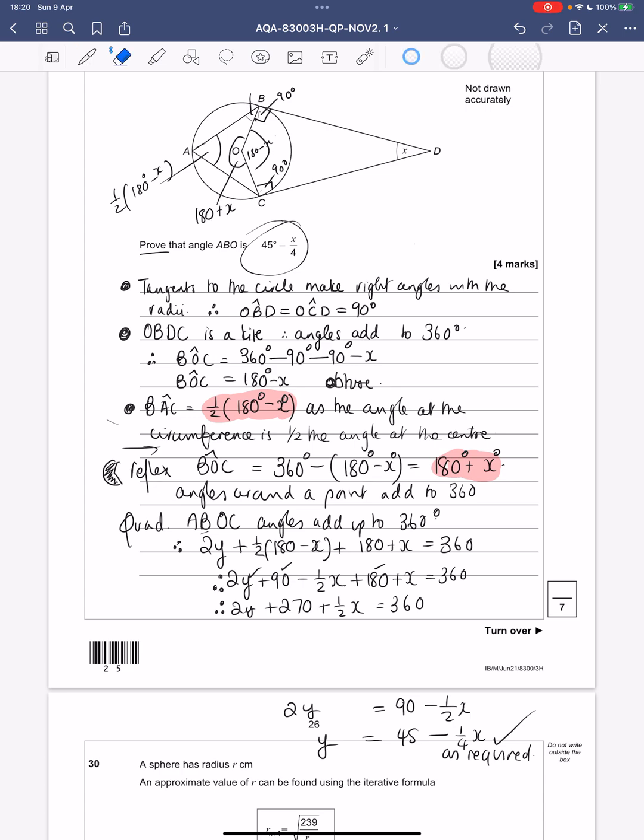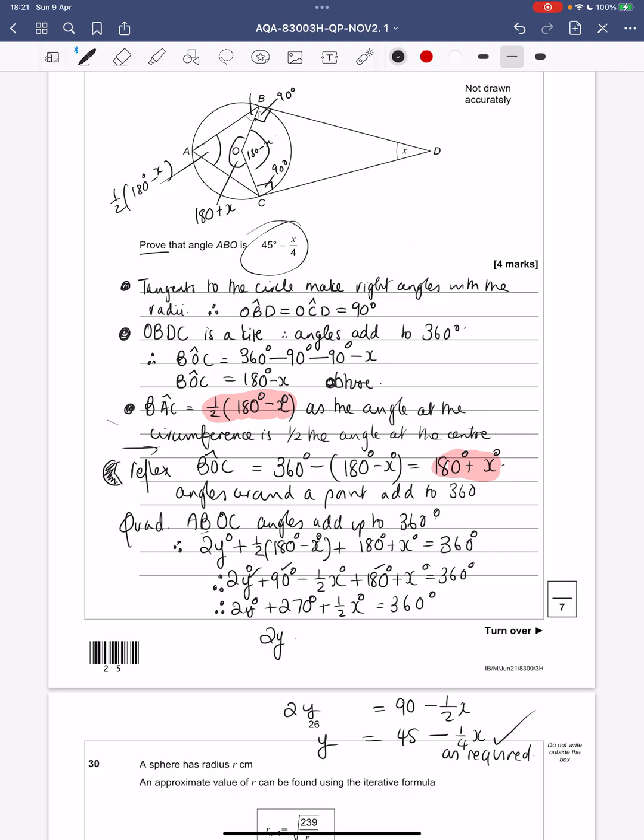They make 360, so we get 2y, and then this is going to be 90 minus a half x, plus 180 plus x is 360. So 2y, and that makes 270, and then minus a half x plus x is plus a half x, equals 360.